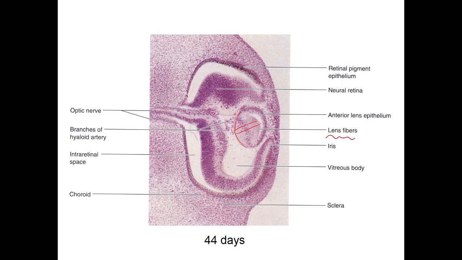These cells from the posterior epithelium will form primary lens fibers, which will form the inner part of the lens, called the lens nucleus.